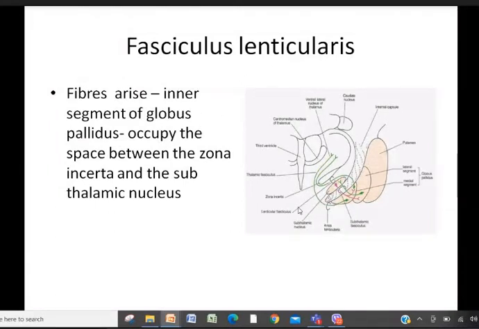These fibers arise from the inner segment of the globus pallidus. And where does it lie? It occupies the space between the zona incerta and the subthalamic nucleus. Earlier there was the H1 field fibers, do you remember? Lenticularis fibers, please remember this. Between the zona incerta and the subthalamic nucleus, what was there earlier?